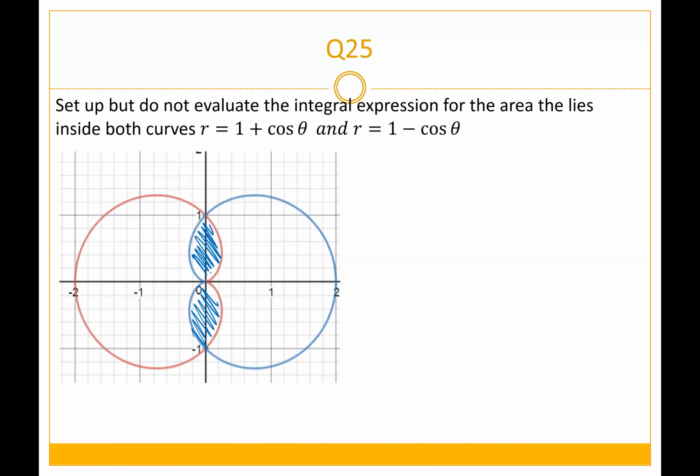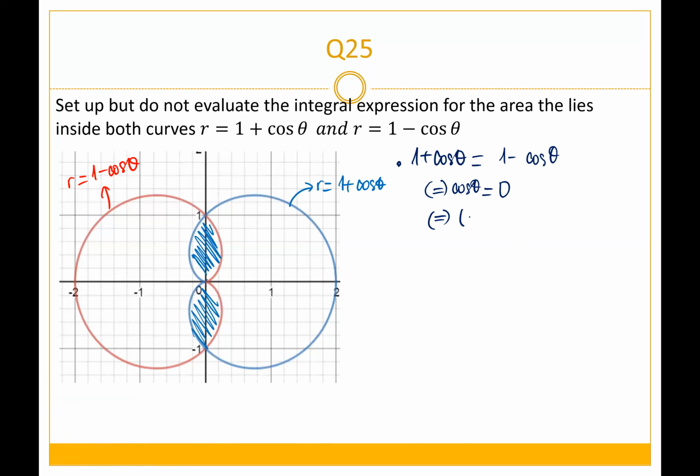So now let's figure out the special points where they intersect with one another. Here, this one is r equal 1 plus cosine theta, and we have another one, r equal 1 minus cosine theta. Therefore, if we take the intersections, you're going to have cosine theta equal to 0.